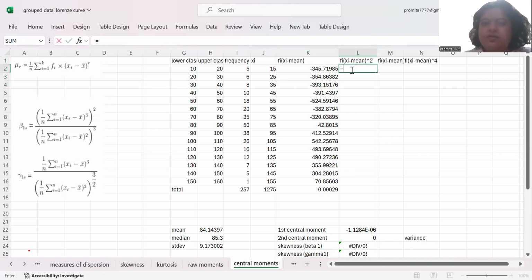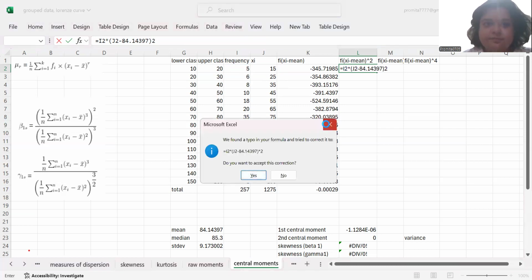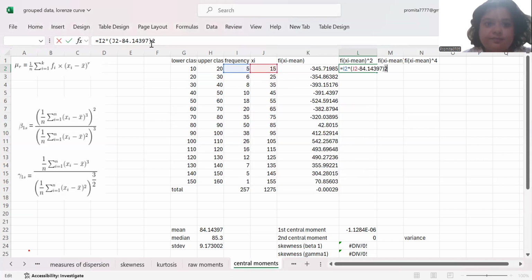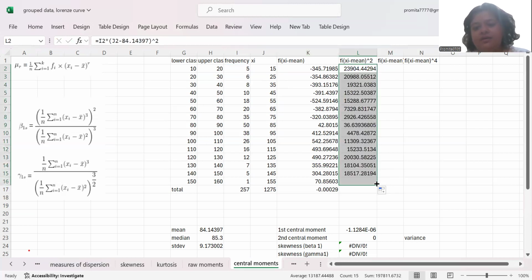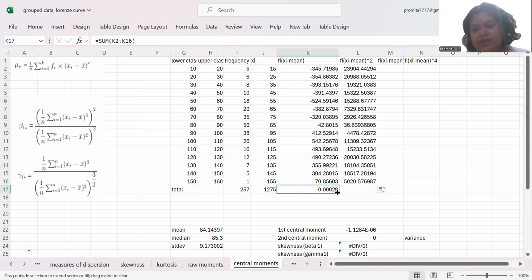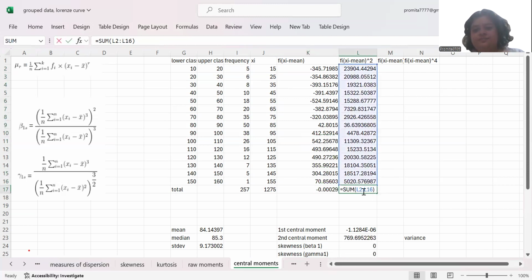Next, it is equal to fi into xi minus mean square, so 84.14397 square. And then we drag and drop and we calculate the total as well. So this is my fi into xi minus mean square.